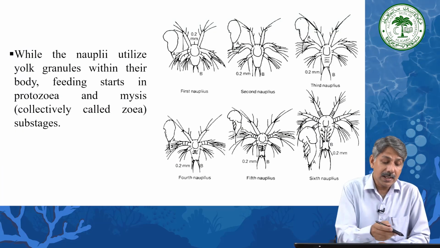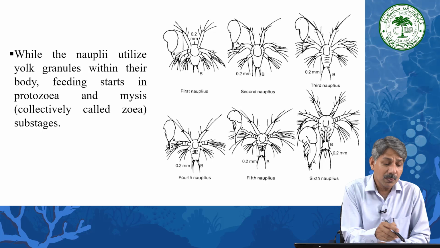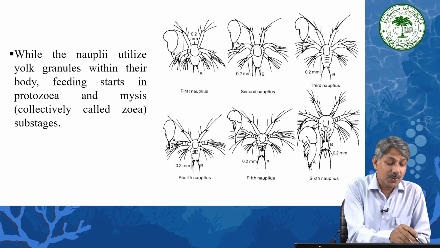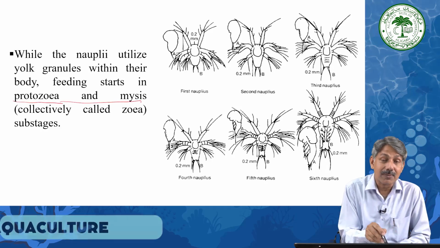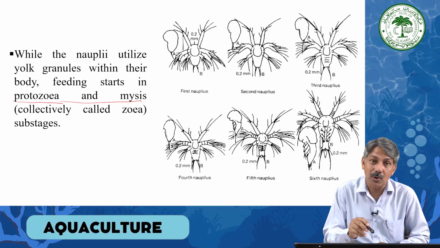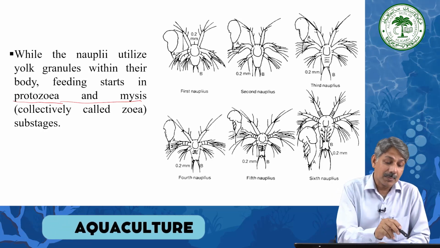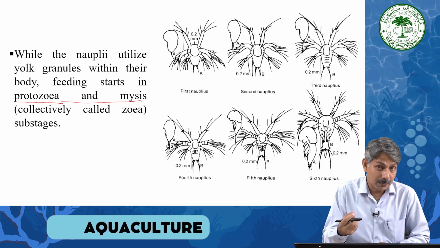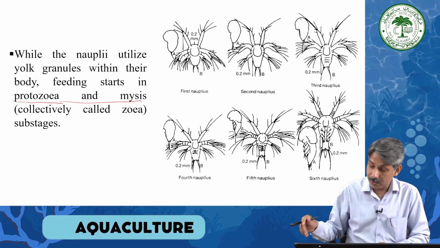Nauplii utilize yolk granules within their body for energy. Feeding starts in protozoea and mysis, collectively what we call zoea stages. So feeding starts in Penaeus monodon from the zoea stage, because in the nauplius stage they feed from yolk granules.